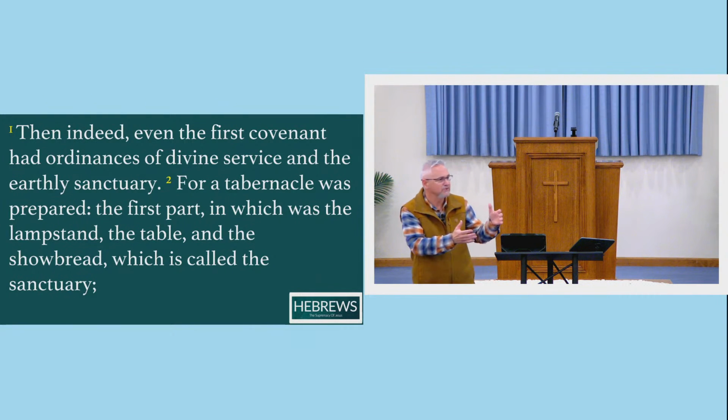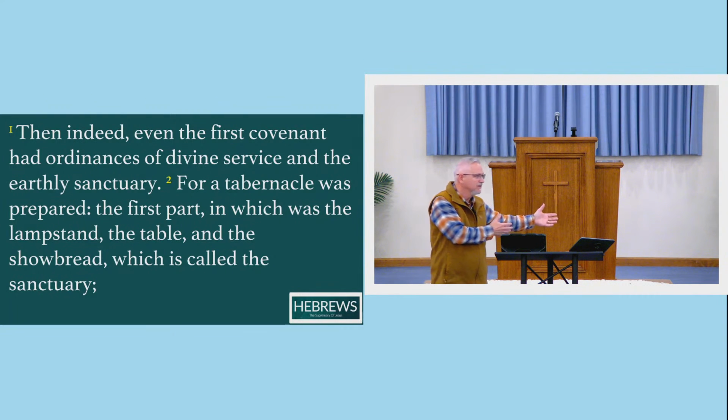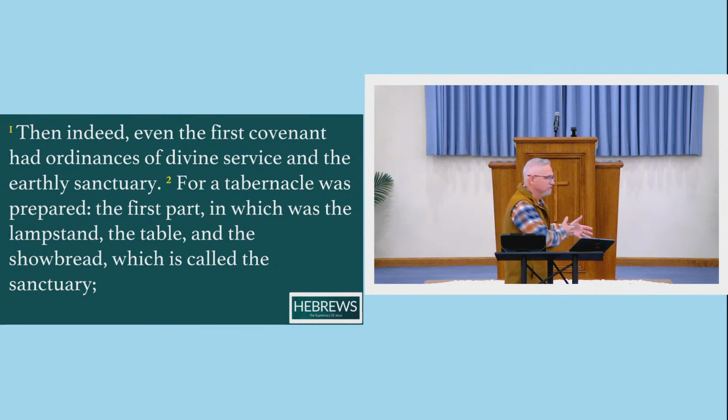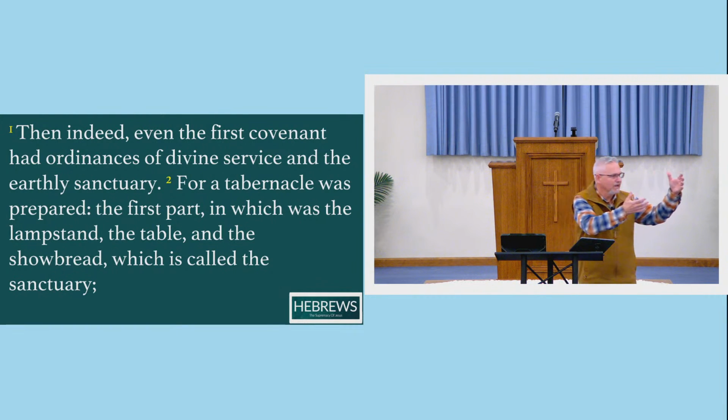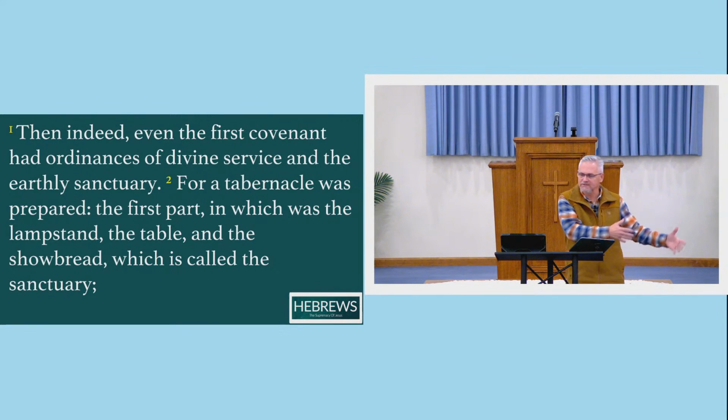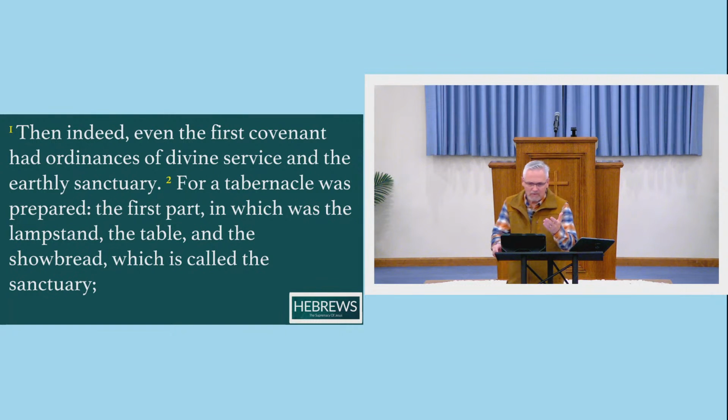And then you get into the holiest of all, and there's a representation of things there as well. It represents heaven. So you have the church by types and shadows, and heaven by types and shadows, right? Let's go to the table of showbread.